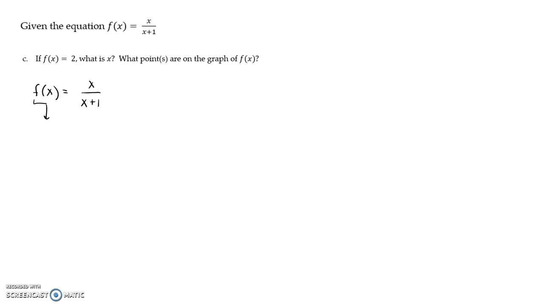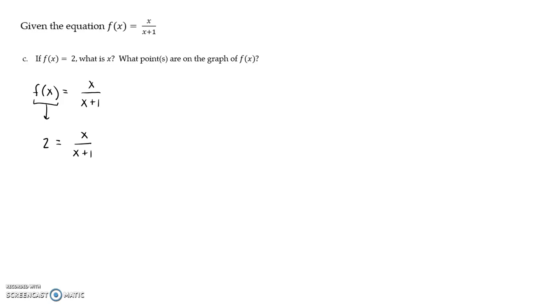So this whole piece is going to be replaced with the 2. And then we want to solve this equation for x, right? Which means we want x all by itself on one side, the number that we get on the other.